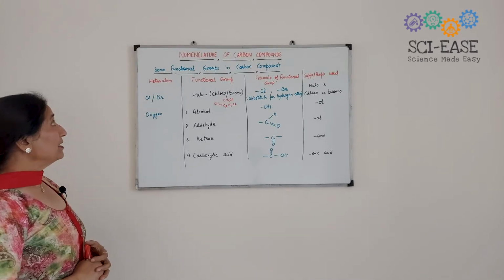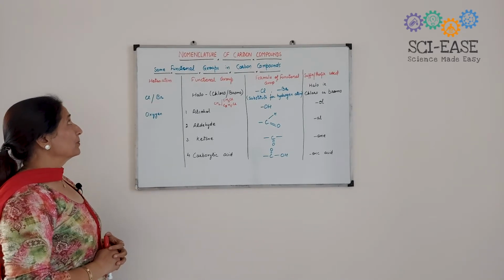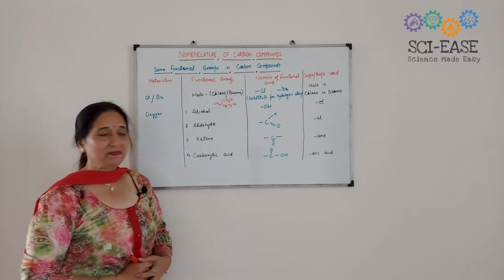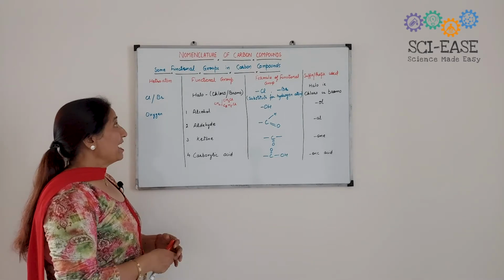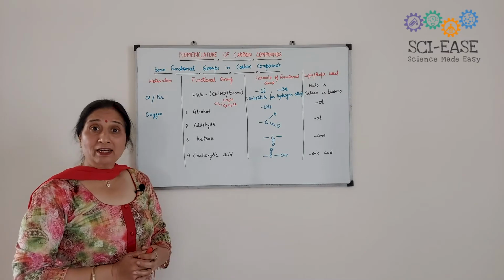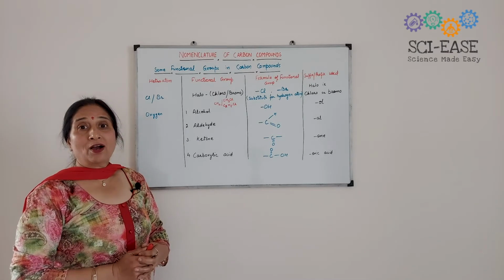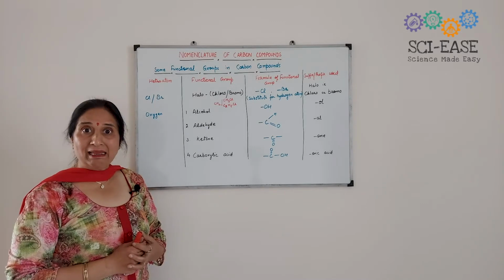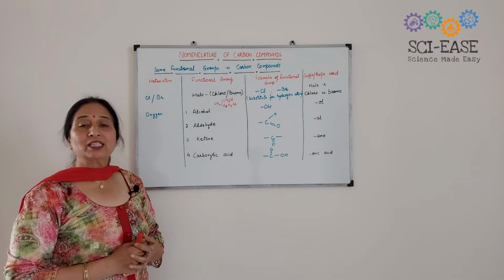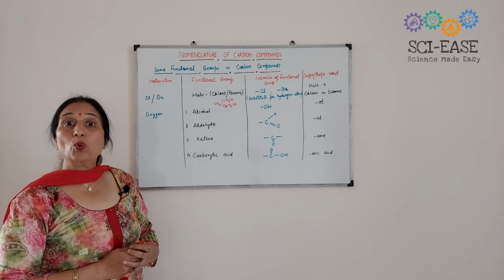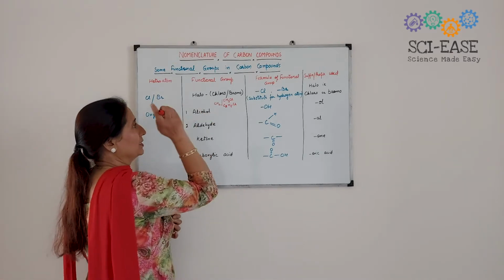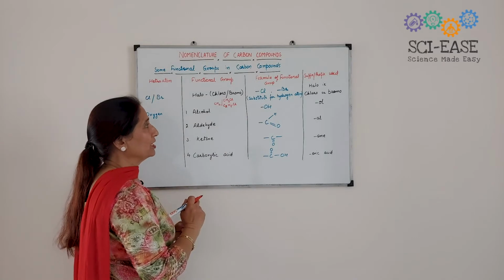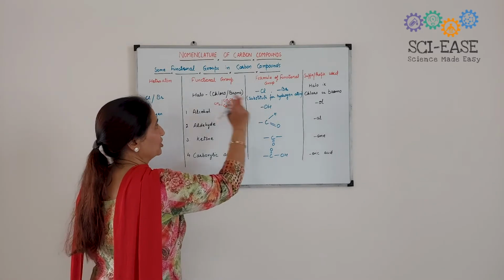Now, there are some functional groups in which the heteroatom is oxygen. Suppose it is methane, and one hydrogen is replaced by the OH group, that will be alcohol, and the formula for the functional group is OH.